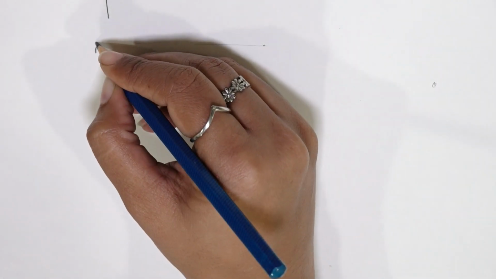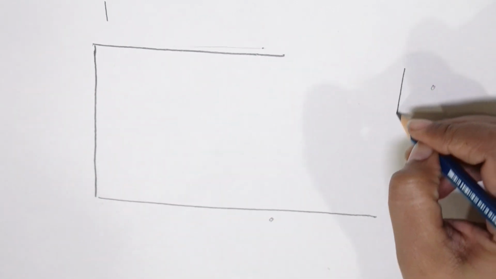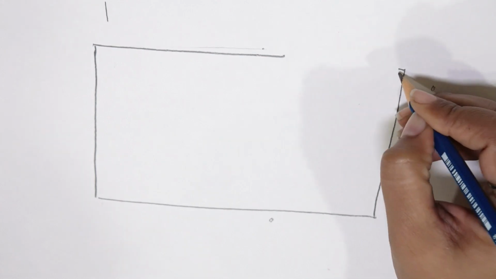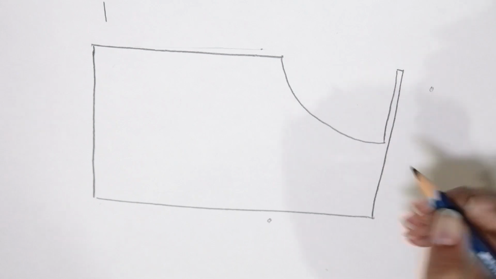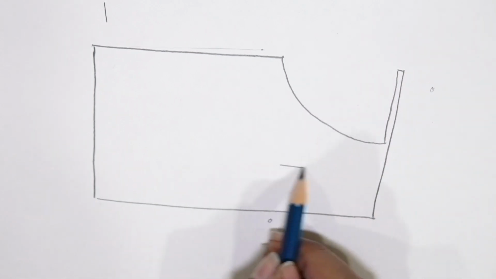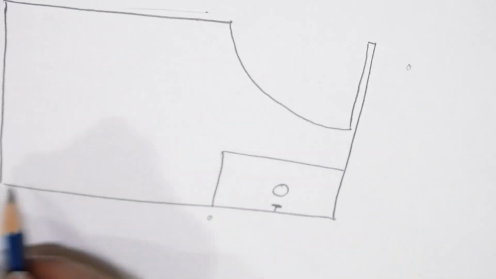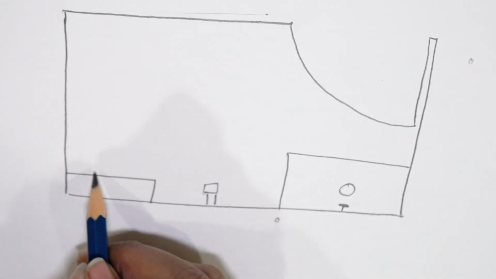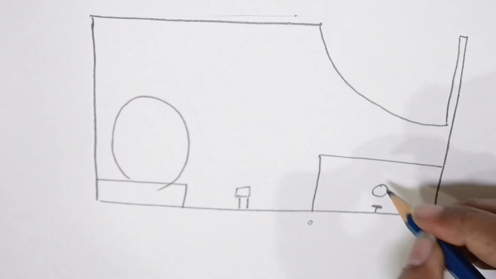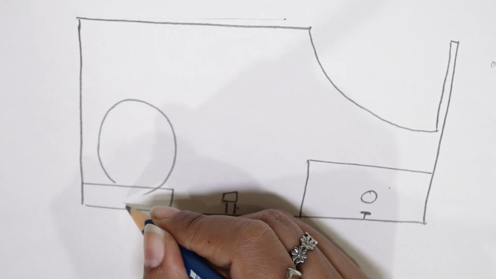Now let me show you another basic planning which is also inappropriate from the hygiene point of view. Here is my wash basin, here is my faucet, and this is the WC.